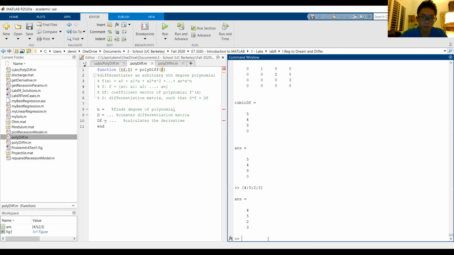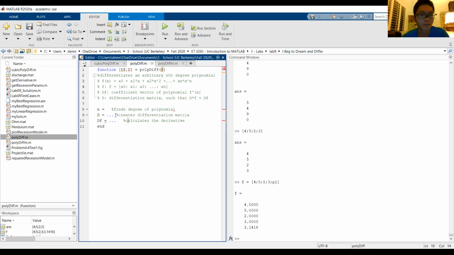Here, I'm going to take this. Okay, I'm going to write f equals... suggestion by Ali is length of f. Length of f. Sounds good to me. It's a pretty good guess. Oh, no, let's add pi. I like pi. Length of f looks good to me. Does it actually work though?